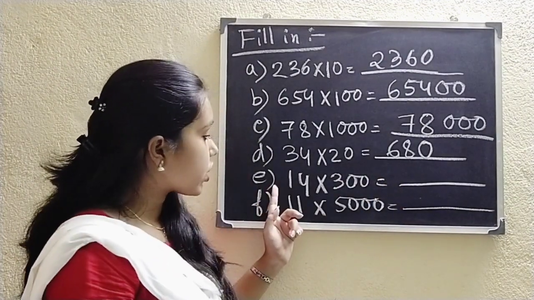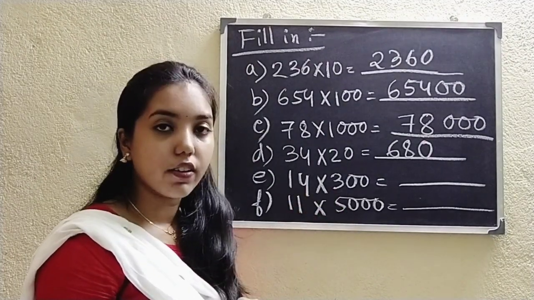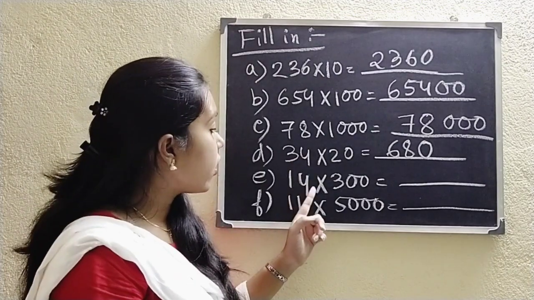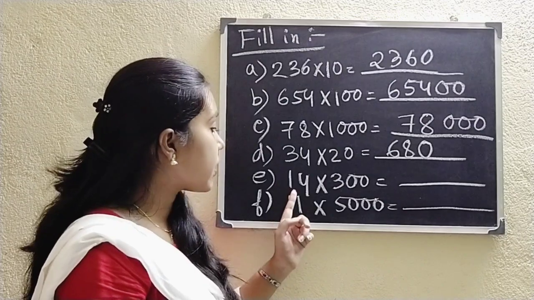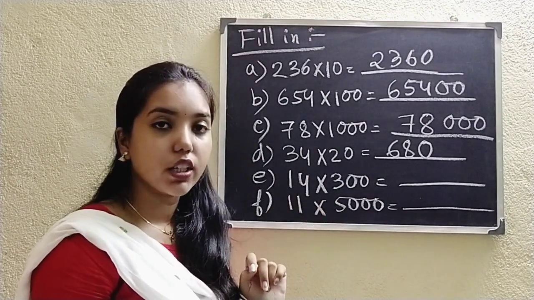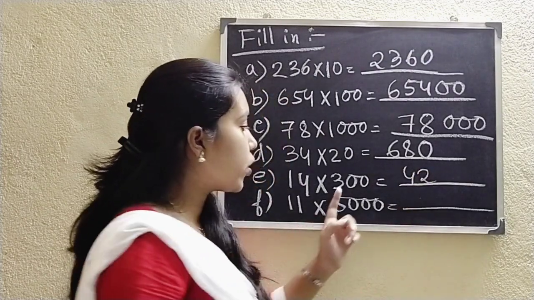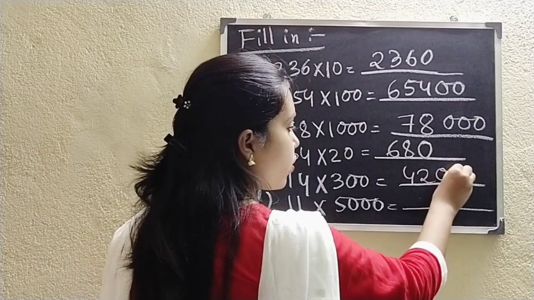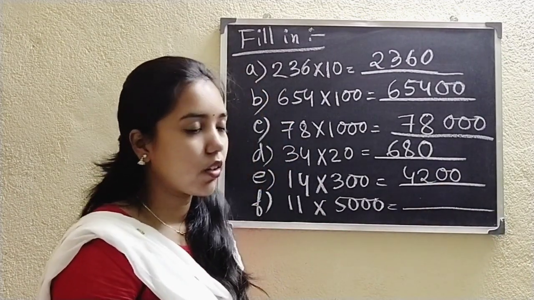In the fifth question, we have to multiply 14 by 300. Similarly, as in number 4, we are going to group it as 3 into 100 and multiply 14 by 3. So 14 threes are 42. And we put these 2 zeros on the right side of 42. So our answer is 4,200.